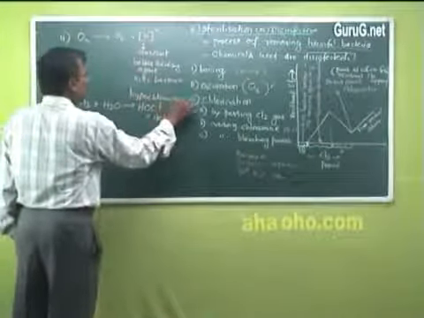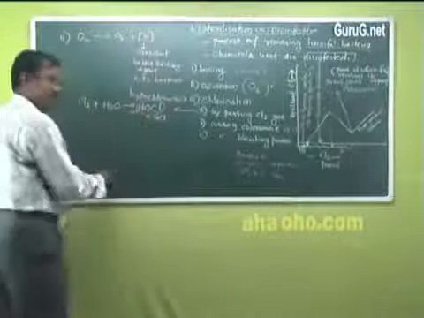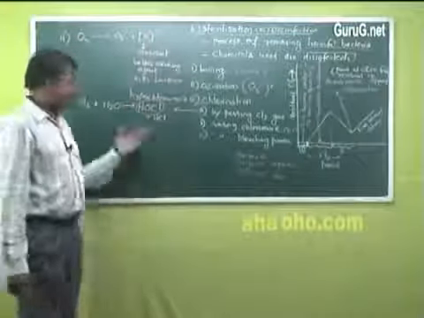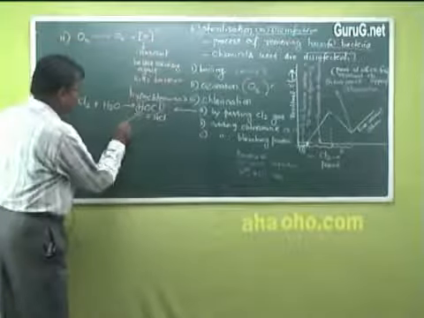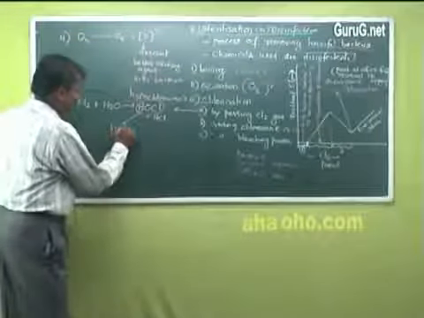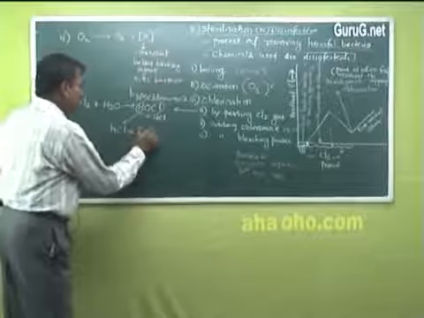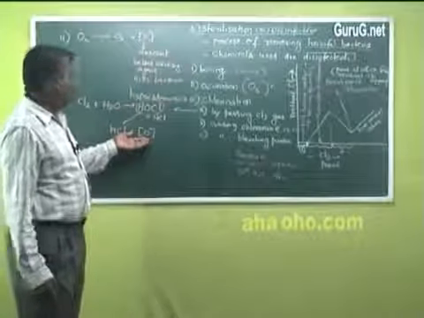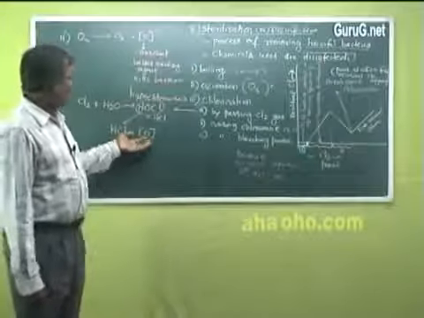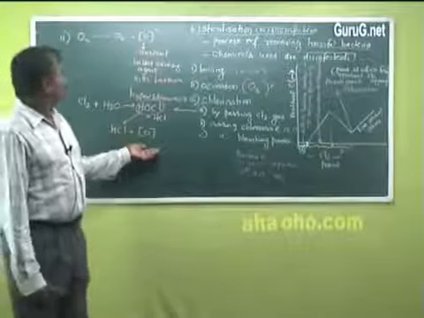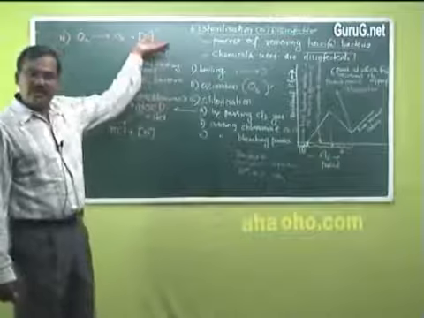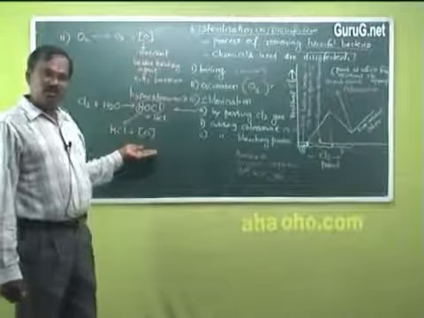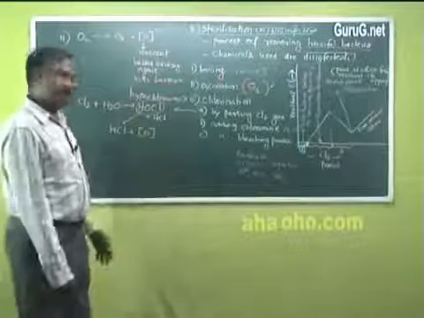This hypochlorous acid is responsible for killing the bacteria. When this hypochlorous acid decomposes to give HCl plus nascent oxygen, again the role of chlorine is to produce nascent oxygen, as we got nascent oxygen in the case of ozone. So the nascent oxygen only kills the bacteria.